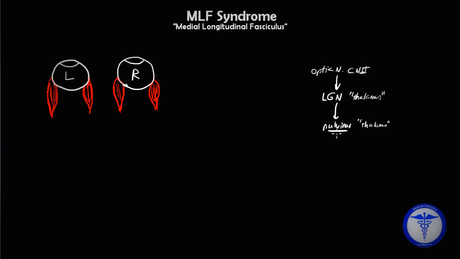And then from the pulvinar, this information is sent to the cortex, where then signals are sent to the motor neurons, and then we have movement.